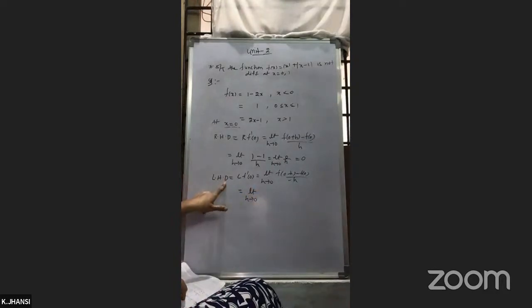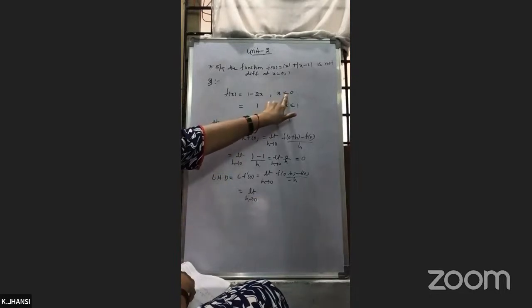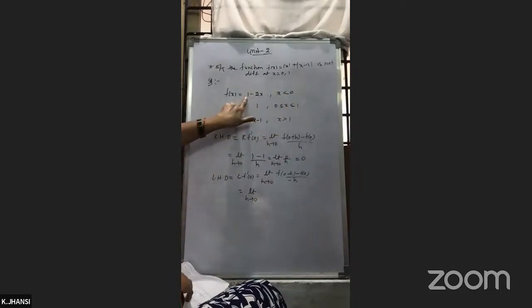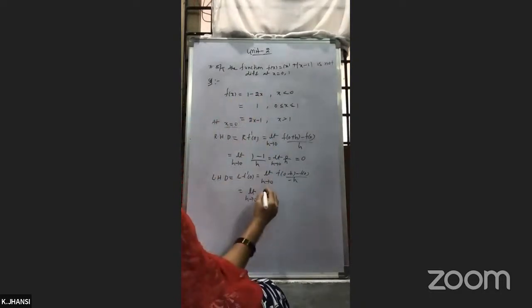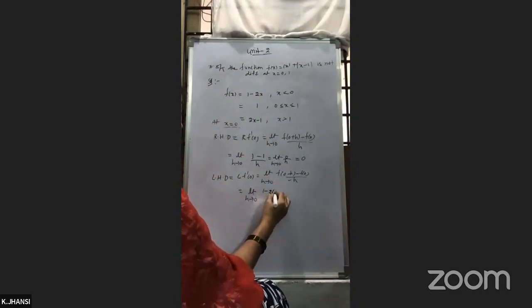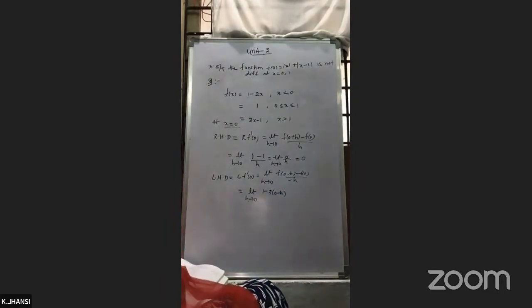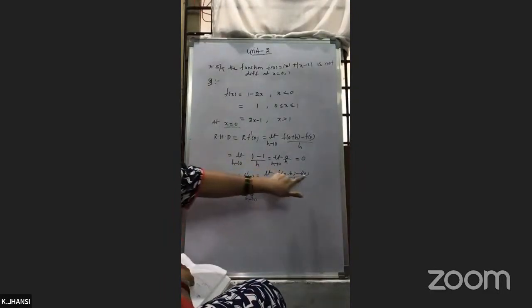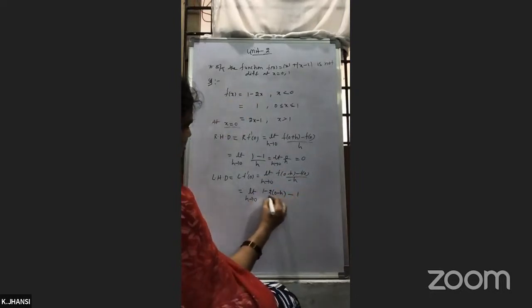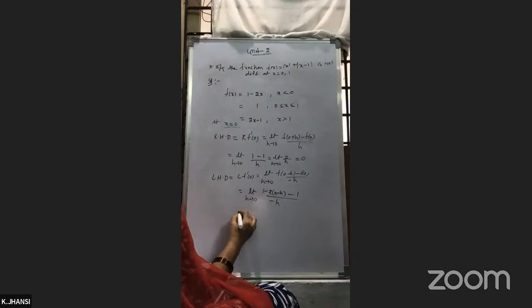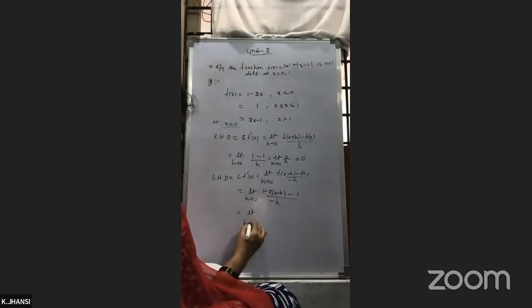When it is less than 0, the value will change. What is that? When x is less than 0, it is 1 minus 2x. That means our function is here 1 minus 2 into 0 minus h, minus f of 0, 1 minus 0. So you will get this as 1 by minus h.